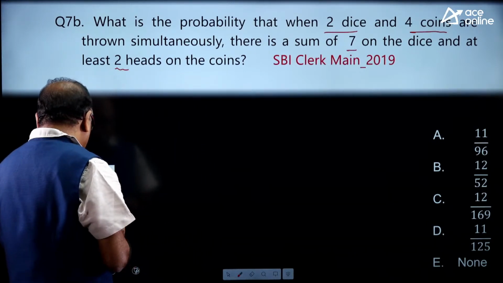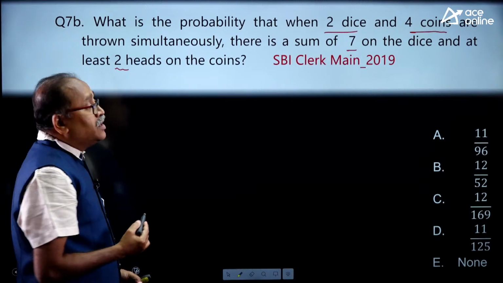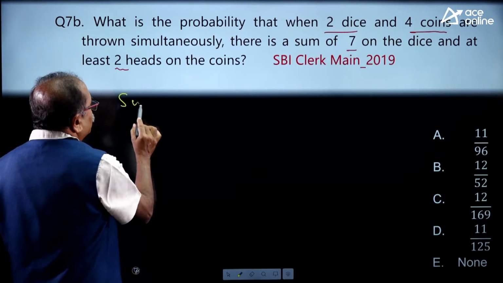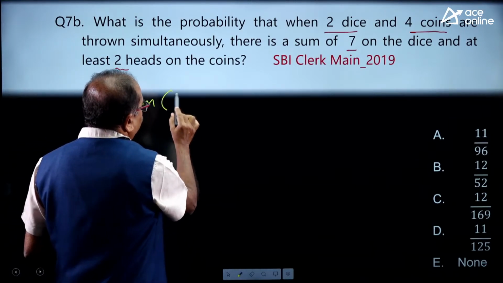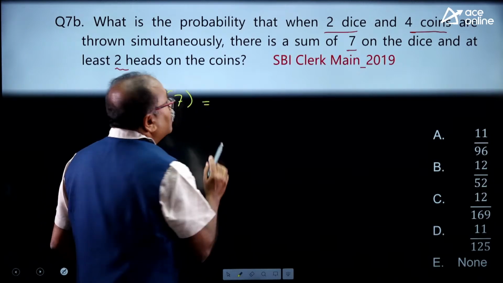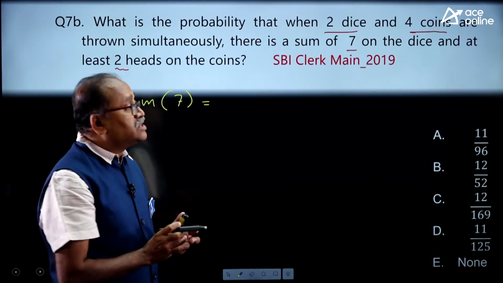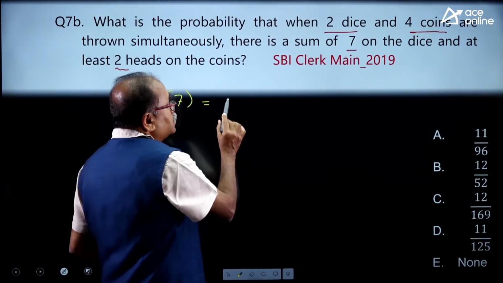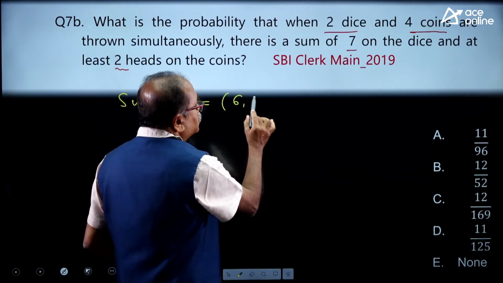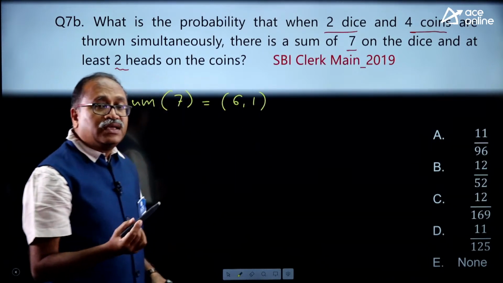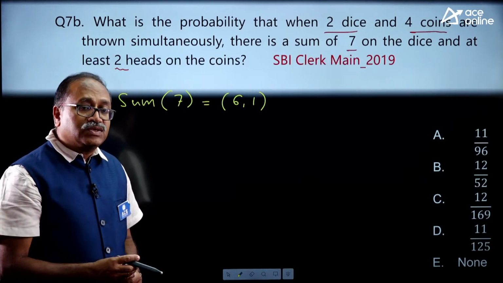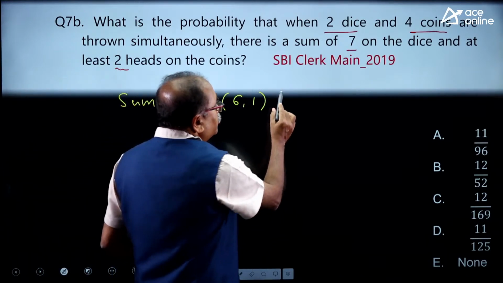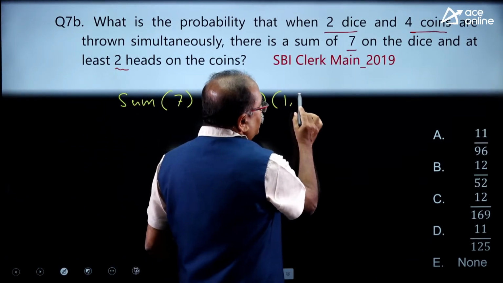Let me give a small start over here. I need the sum 7. So in how many ways can I get the sum 7 when the 2 dice are thrown? One possibility is 6 and 1: in one dice 6 and in the other dice 1. The second possibility is 1 on the first dice and 6 on the second.